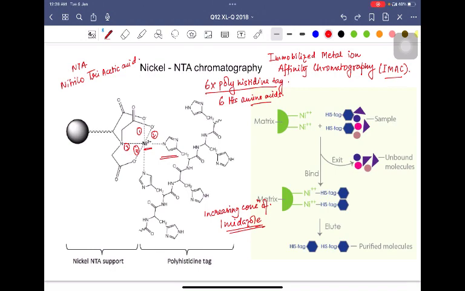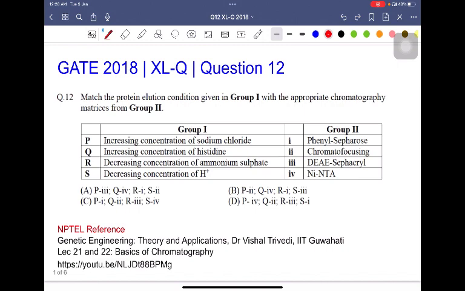If we go back to the question, nickel NTA chromatography can match with the elution condition, increasing concentration of histidine. Histidine or imidazole can be used for elution of protein from the nickel NTA matrix. So Q will match with 4.